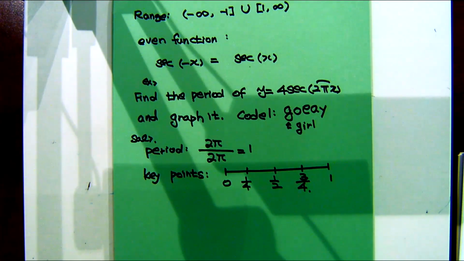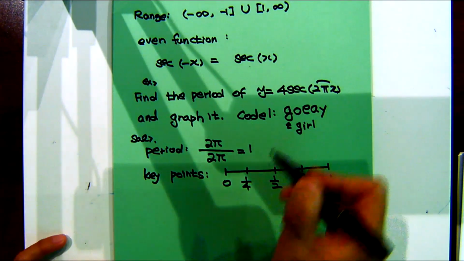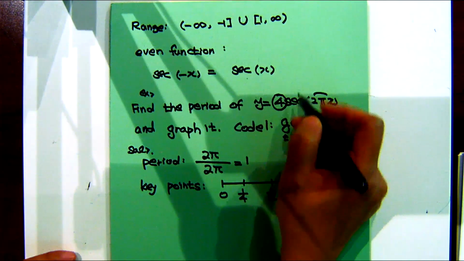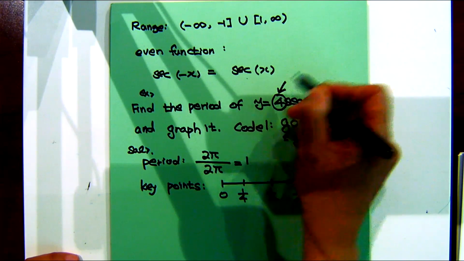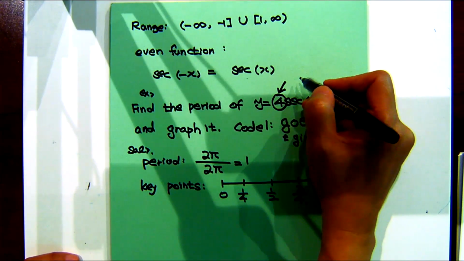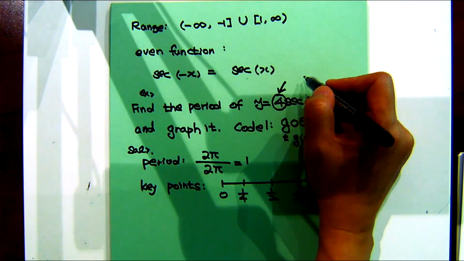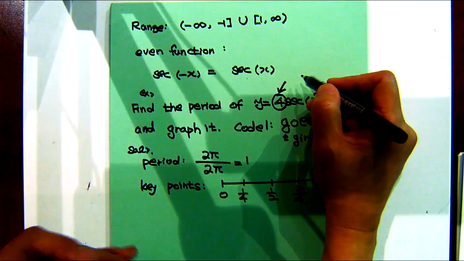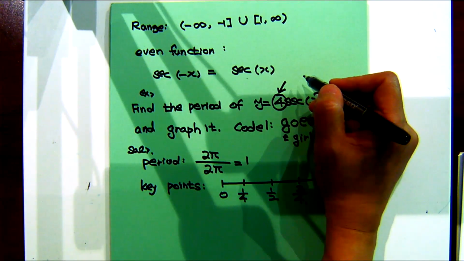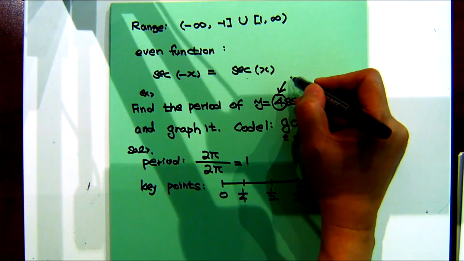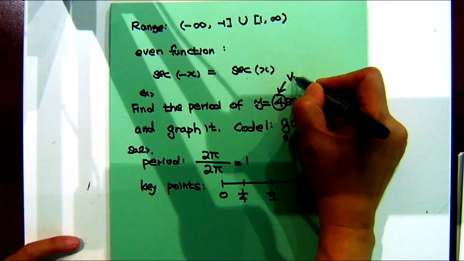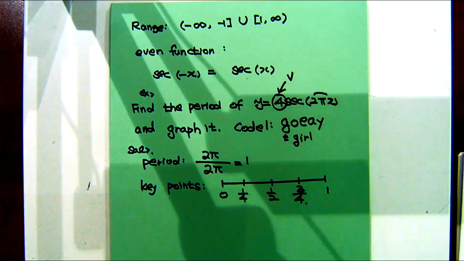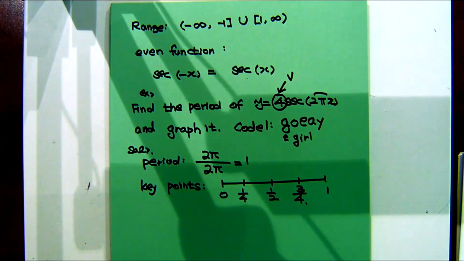The other thing you have to notice is there is a 4 multiplied to secant. What does that mean? That means amplitude, but in this case, maybe it is interpreted as a vertical stretch, because we don't think about the amplitude in secant because it just goes without bound, right?